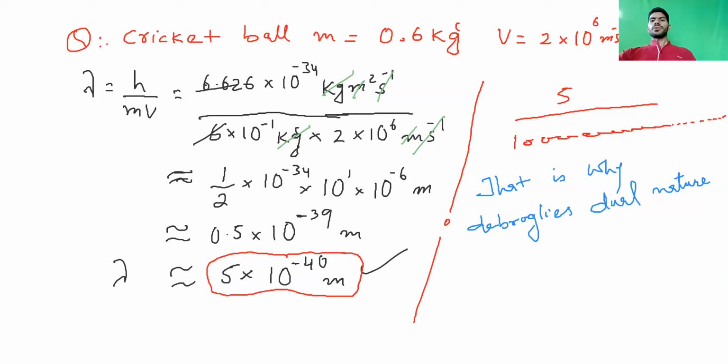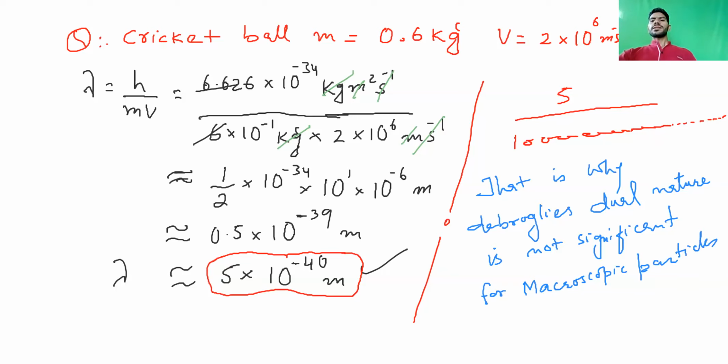So that is why de Broglie's dual nature is not significant. It is not having any importance for macroscopic particles.